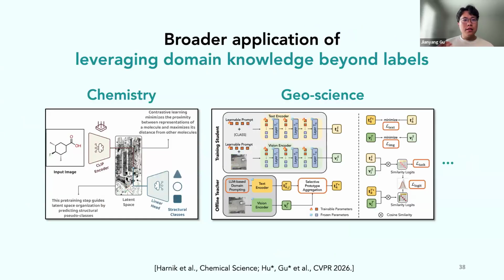And this is also a transferable recipe. There is a very broad application opportunity for leveraging domain knowledge beyond labels. So this can be extended to other domains such as chemistry and geoscience. We have another paper published in this year's CVPR where we leverage descriptions on remote sensing models.